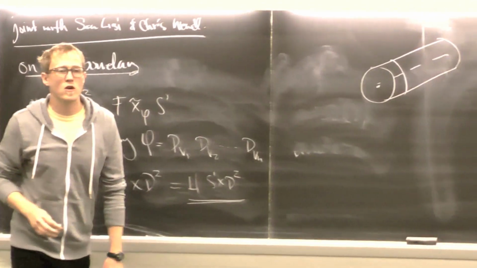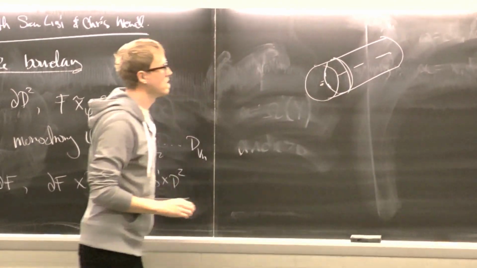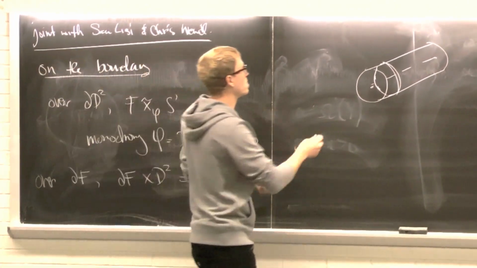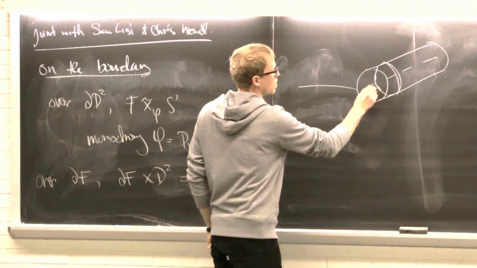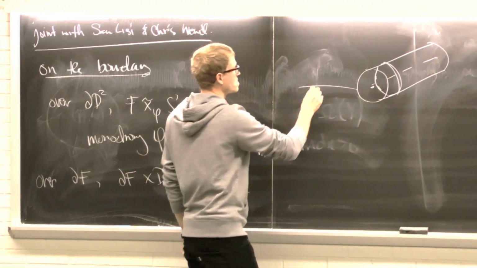We've got S1 cross D2, where this D2 direction is the meridional disk. But this gets glued to the fiber bundle part on the complement, where the S1 direction is now the boundary of my fiber.